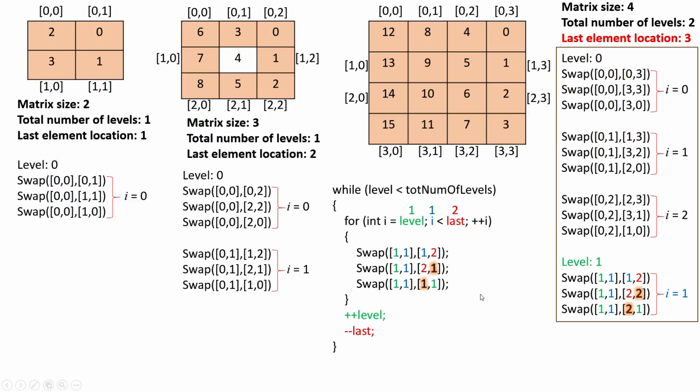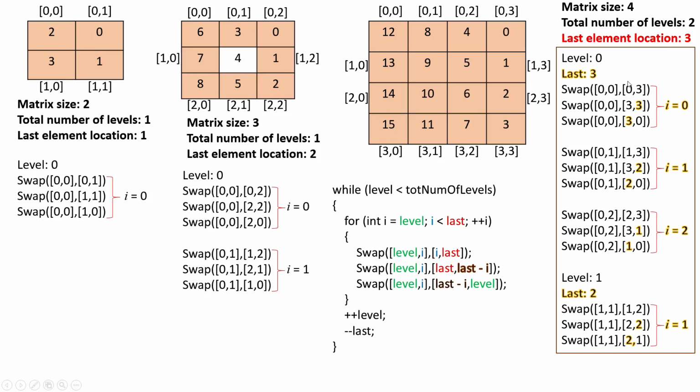And this is the part that took me a little bit of time to see. If we go back to how things look when we're programming, we have last minus I, and last is 3, I is 0, 3 minus 0 is 3, 3 minus 1 is 2, 3 minus 2 is 1, everything works out. Over here last is 2, and I is now 1, 2 minus 1 is 1.